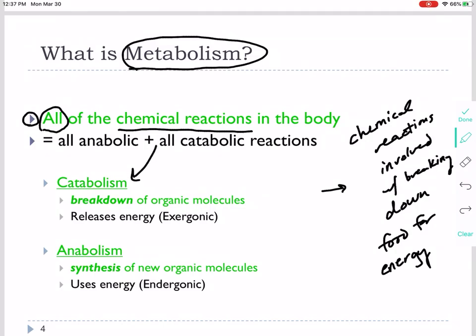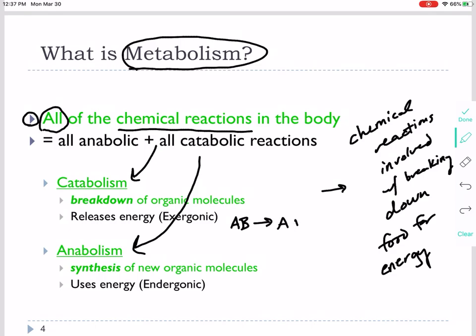If we were to break down all the chemical reactions, there's really only two types of chemical reactions. Those chemical reactions that are catabolic and those chemical reactions that are anabolic. Keep it simple. A catabolic reaction is when we're breaking down.